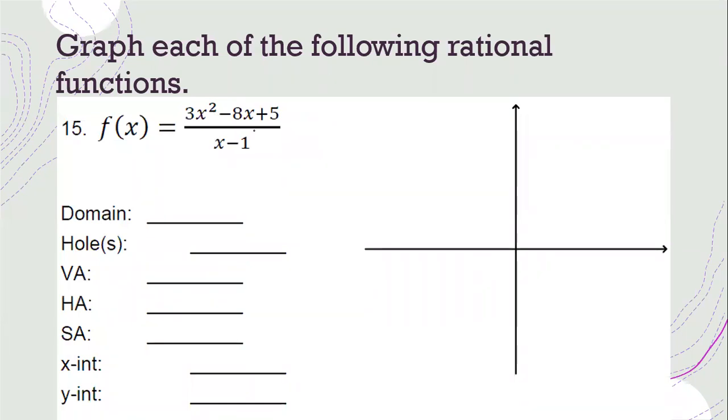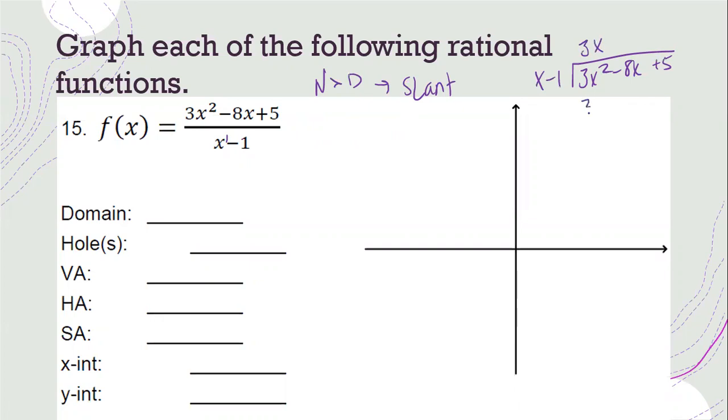Exactly. The degree of the numerator is greater than the degree of the denominator, which means that I have a slant, an improper rational. Yes, good job. Because of that, we have to do long division. So I would have x minus 1, and then 3x squared minus 8x plus 5. I'm going to do it fairly quickly.